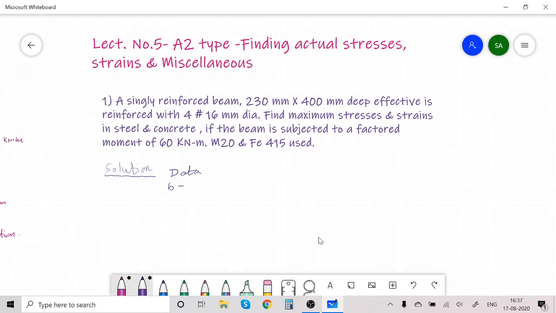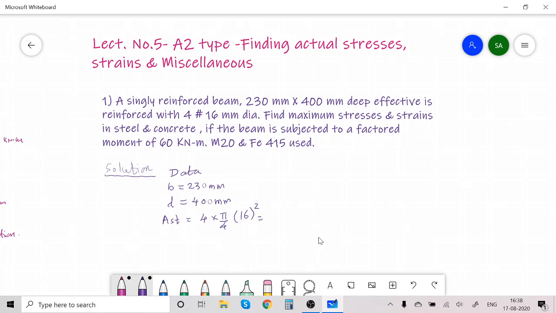B 230 mm. Small d effective depth is given as 400 mm. Is reinforced with AST 4 bars of 16 mm diameter. So let us calculate area.